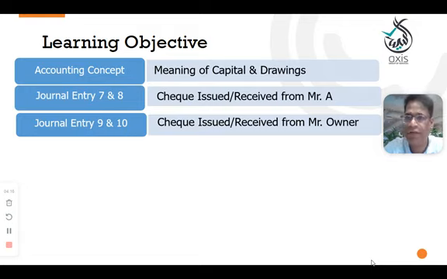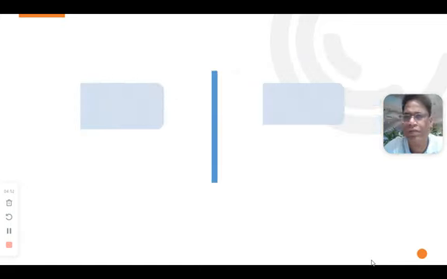In the previous session, we understood cash received and paid to Mr. A. Here we are understanding check received and check issued to Mr. A. And in the previous session, we understood cash received and cash paid to owner. Here we are trying to understand check received and check issued to the owner. We will understand the treatment. Let us begin the session.